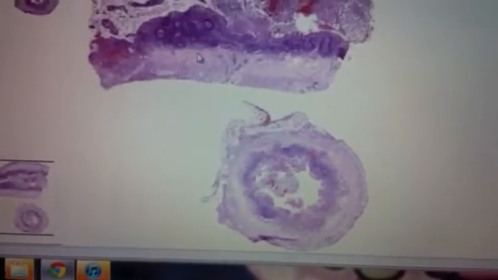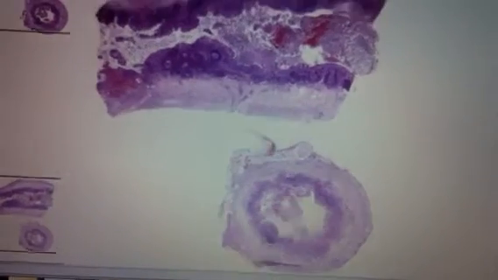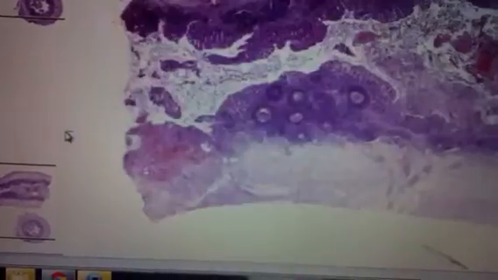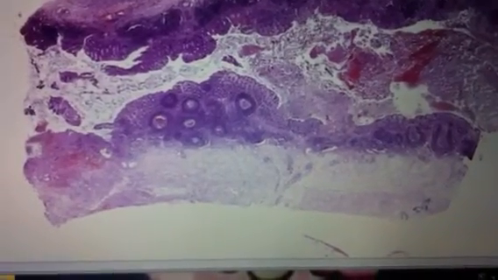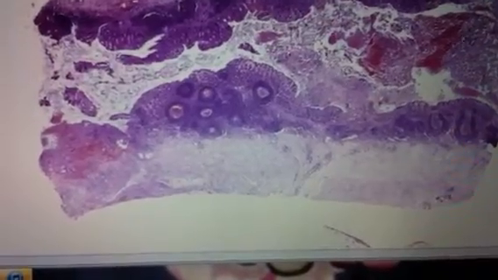Okay. So this is the pus here, and I'm guessing there's a lot of granulation tissue here. This is what you see.